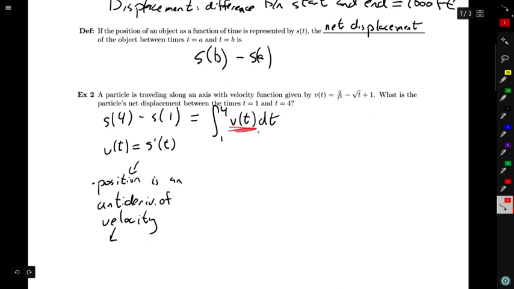When we want to integrate some function, we can find an antiderivative and evaluate it at both endpoints and subtract. So here, now that I have turned the answer that I'm looking for into something that I know how to compute, we can actually go ahead and do the computation. Integral from 1 to 4 of 2 over t cubed minus square root of t plus 1 dt.